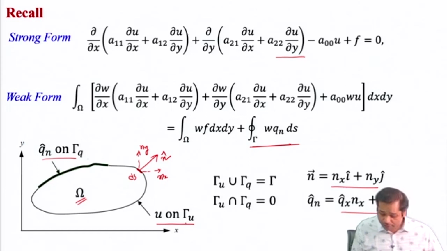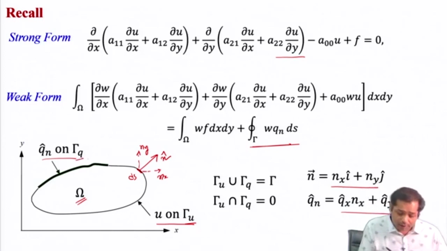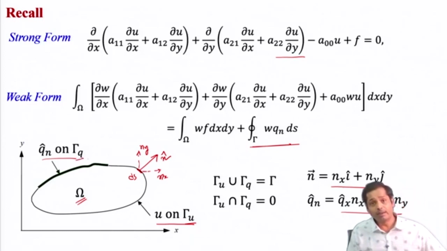Now gamma u is the boundary where essential boundary conditions, the primary variables, are prescribed, and gamma q is the boundary where the secondary variable is prescribed, and together the union of these two gives you the total boundary. And this condition tells you that the essential boundary conditions and natural boundary conditions are not imposed on a common boundary.